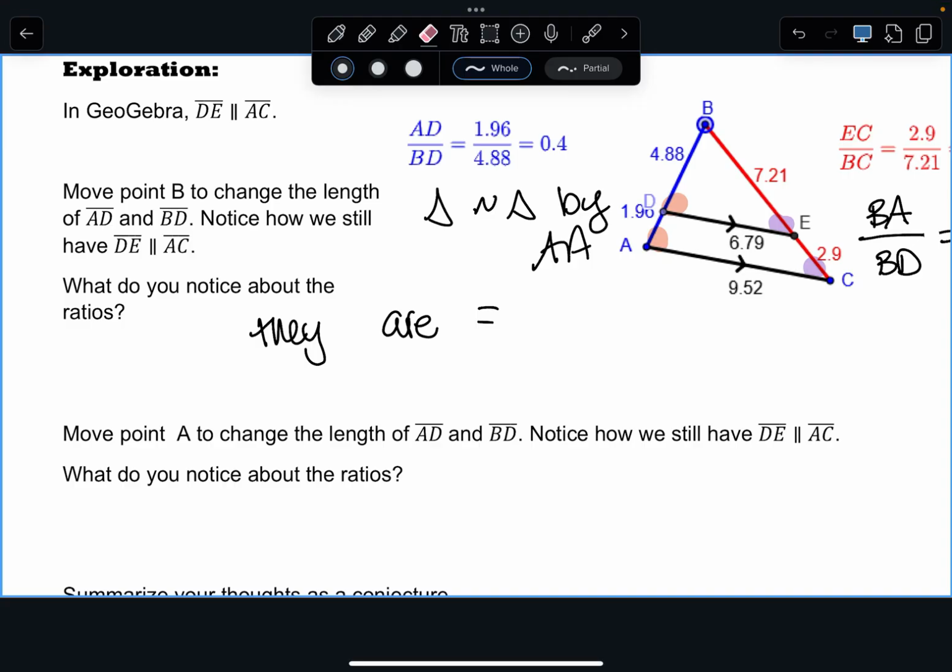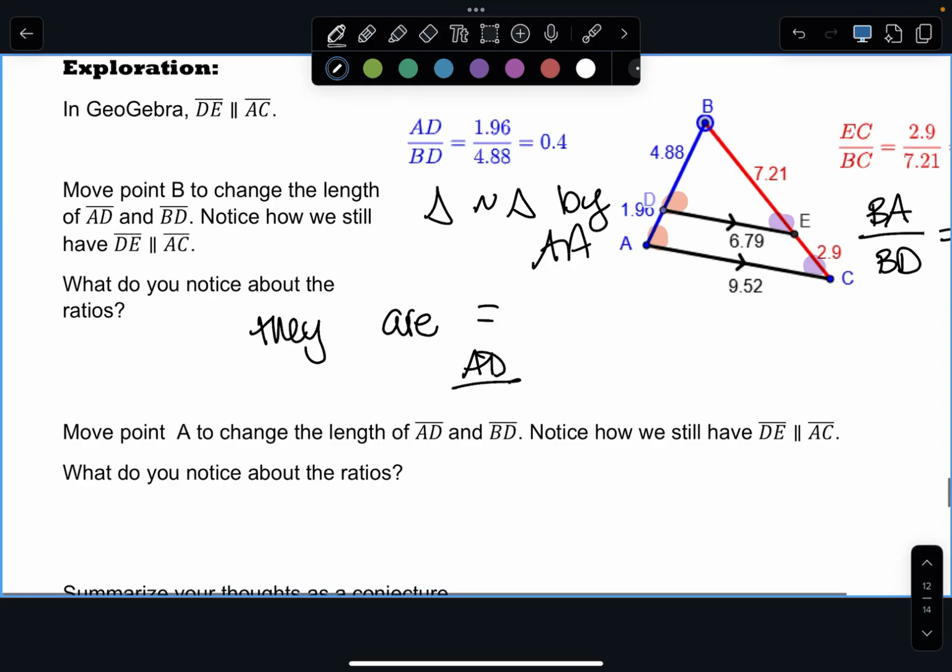So we just learned that AD, one part, over my other part, BD or DB, is equal to, my AD part came from the bottom, so I'm going to grab my other part from the bottom, CE.